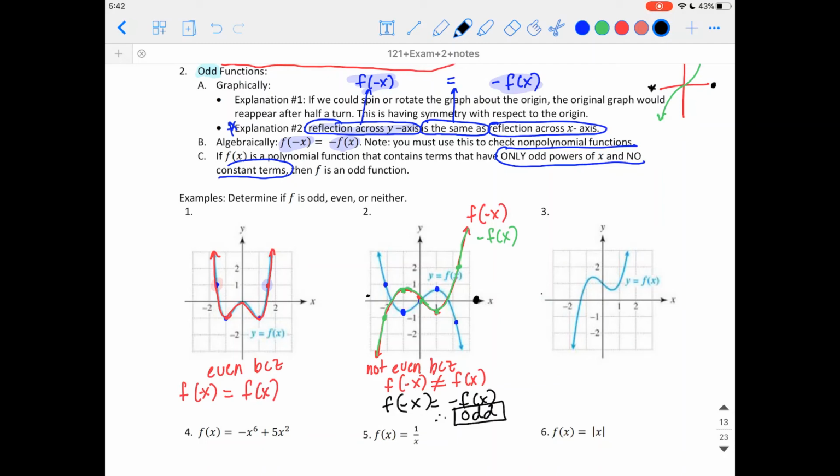All right. Number 3. This one right here. Let's see the reflection here. Let's see if it's even. So if I get this point and I reflect it across the y-axis, it's going to end up right here.